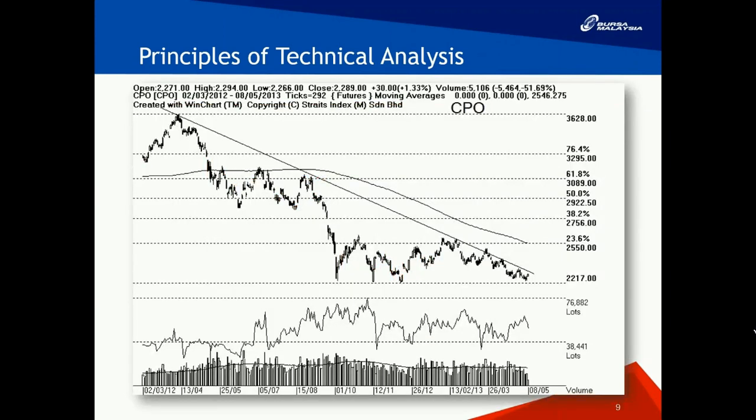Now, for example, this is one of the charts showing principle one. Remember, the line is a 200-day moving average. The arrow shows the price of a CPO contract, a star contract from Bursa Malaysia, but you can use any example, be it an index or a commodity.